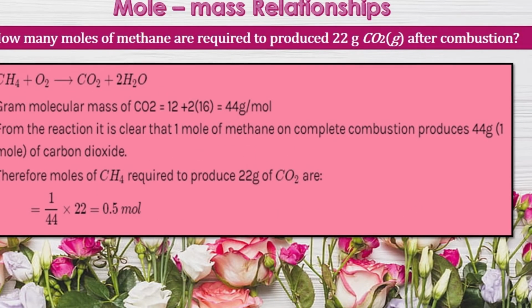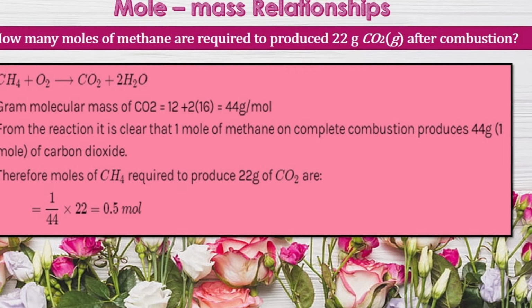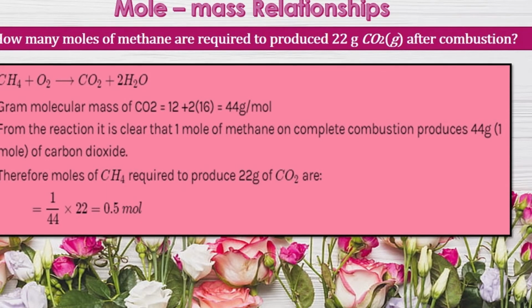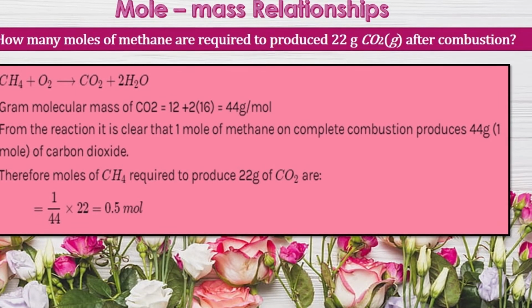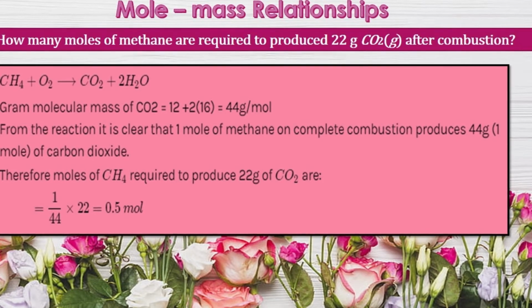In the same way, let us understand the mole mass relationships with the help of an example. Here in the question, you have to calculate how many moles of methane are required to produce 22 grams of carbon dioxide. So as I told you earlier, you have to write the balanced chemical equation.